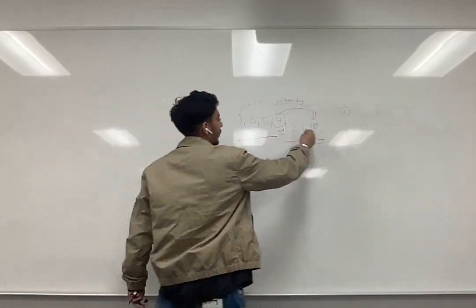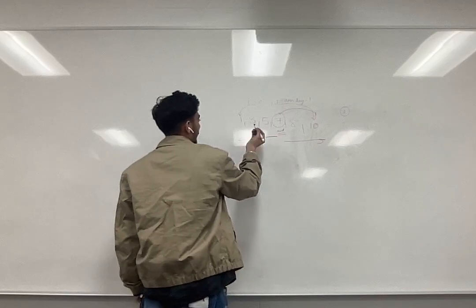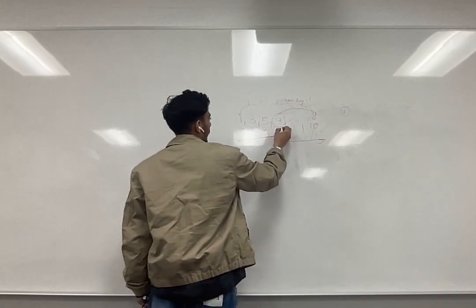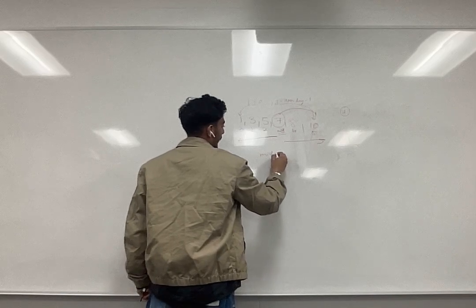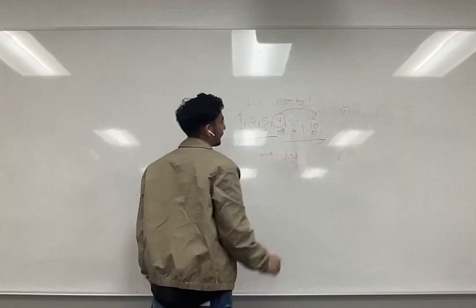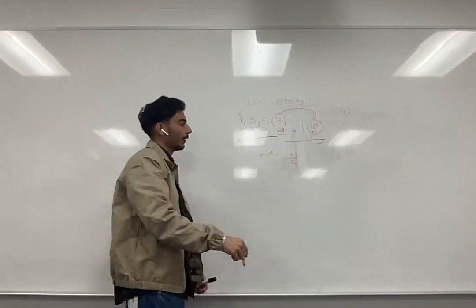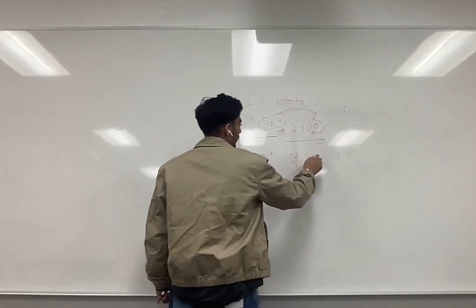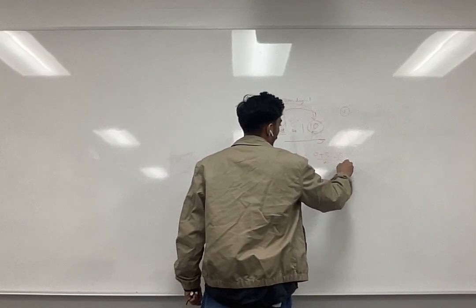First we find the mid of this array. The indexing is 0, 1, 2, 3, 4, 5. Mid is i plus j by 2. j is pointing at the last element, so 0 plus 5 by 2, which is 5 by 2, is 2.